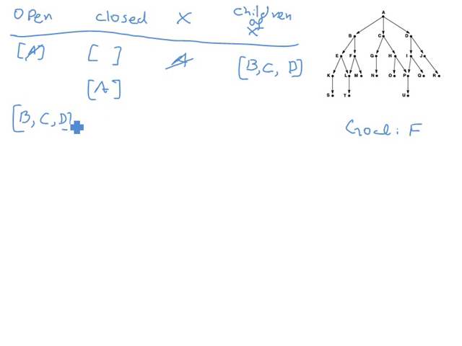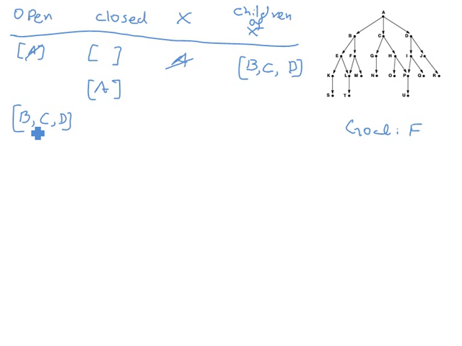Right, and we will go back to the start of our loop, and we'll check the condition again, whether open is empty. It is not, we have three nodes here, B, C, and D. So what we need to do is remove the leftmost state from open.